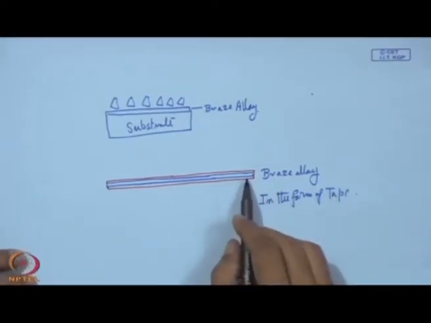When this braze alloy is bonded with plastic, the plastic should not interfere with the braze alloy during melting, when it becomes almost like a liquid. The plastic also should not be a source of oxidation, and it should not affect the wetting characteristics of the alloy.